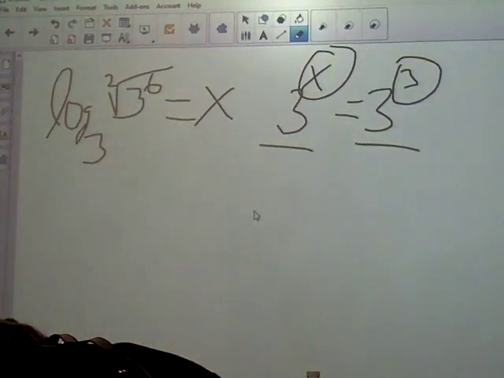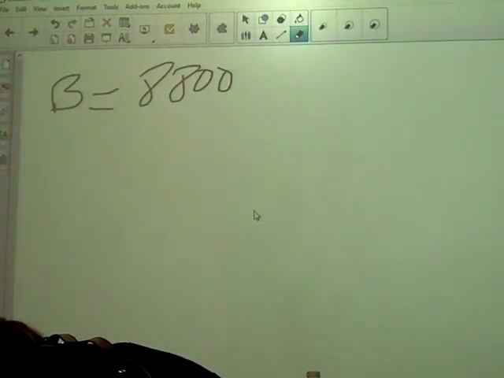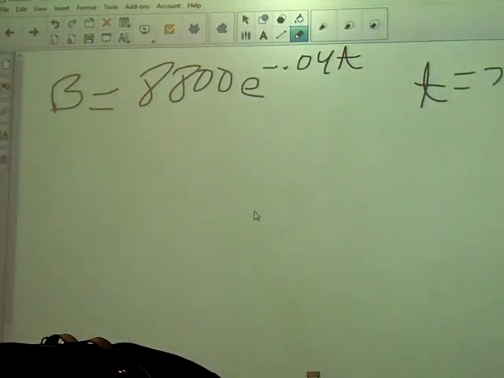Seventeen's another one of those formula calculator ones. So it's crazy to me that landfills are this big. Number of acres in a landfill is given by B equals 8,800 times the number E to the negative 0.04 T power. And how many acres will our landfill have after 2 years? So we're just plugging a 2 in.